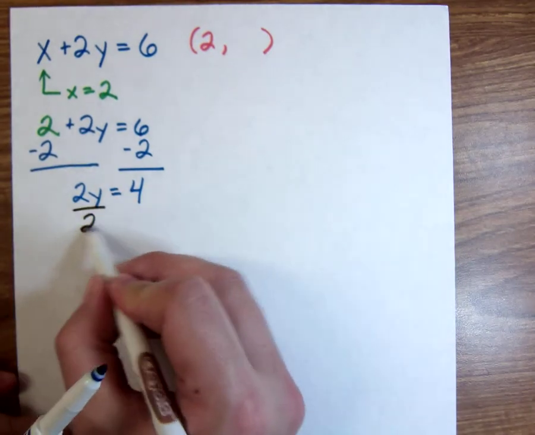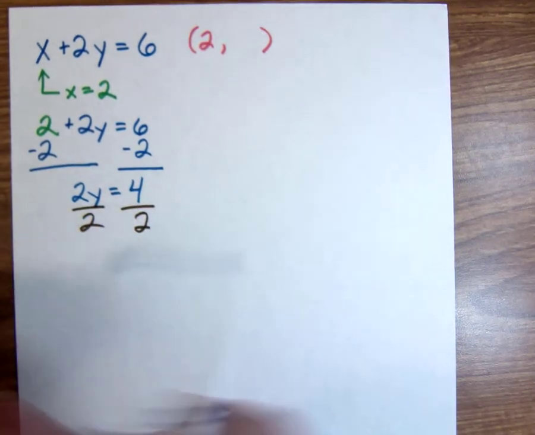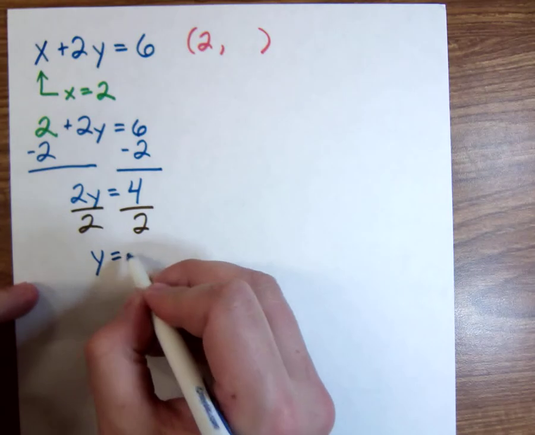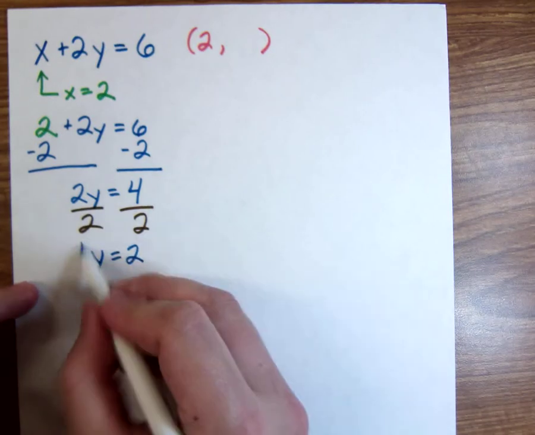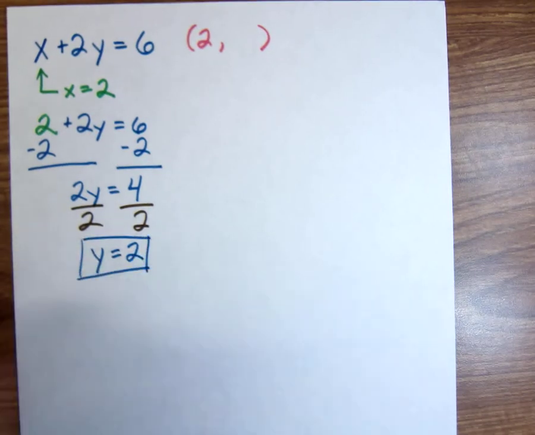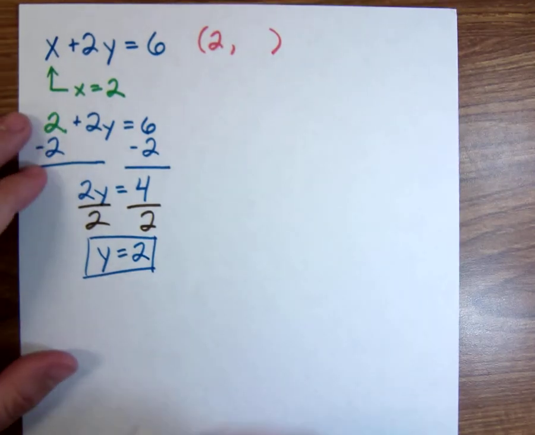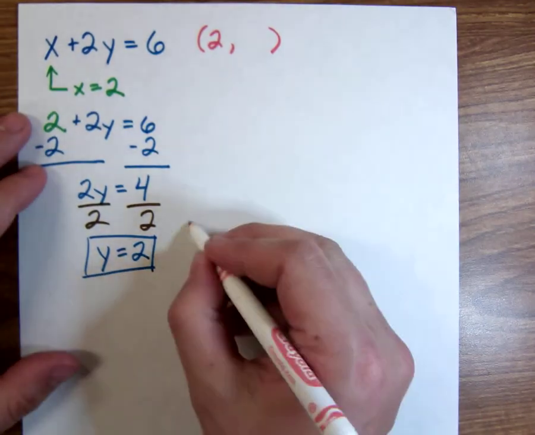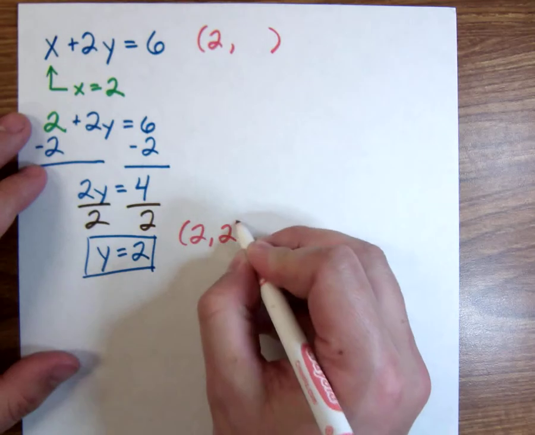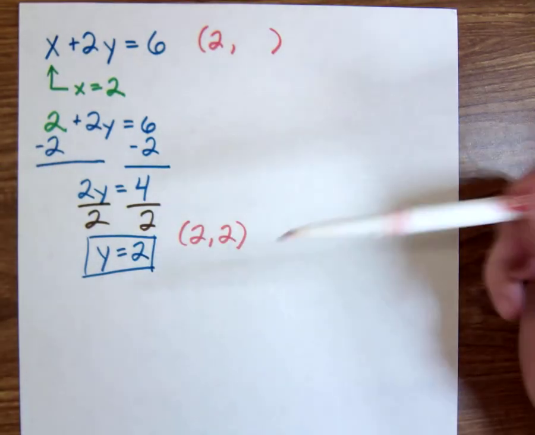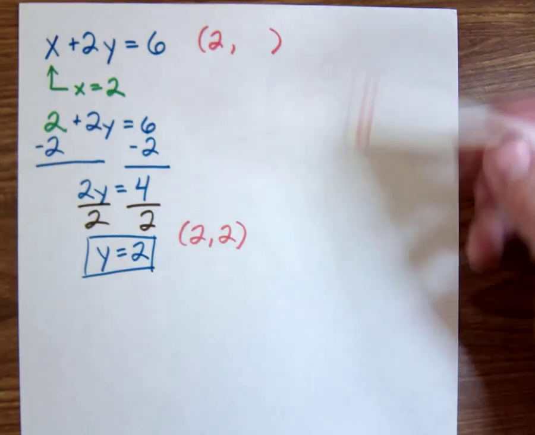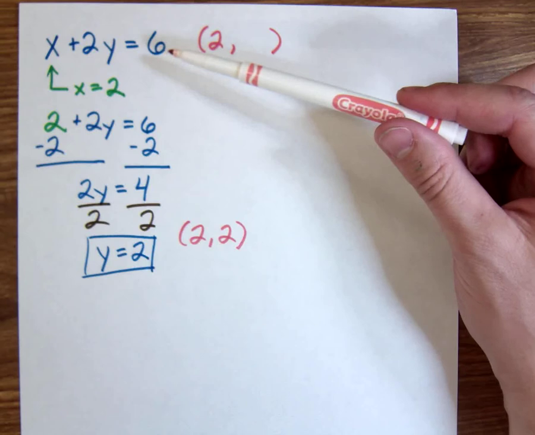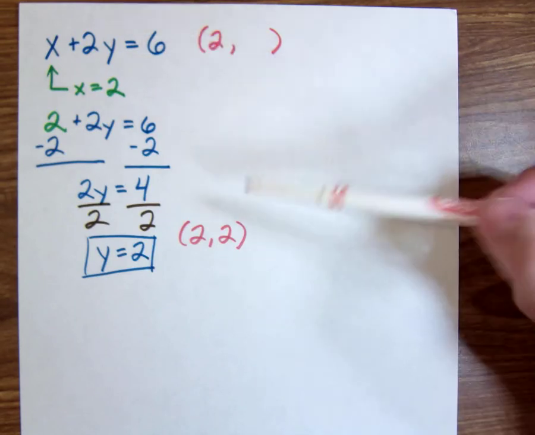Yeah, divide both sides by 2. And I get 2. Which means the solution would be 2, 2. Meaning if I were to graph this, one of the points it would go through is 2, 2.